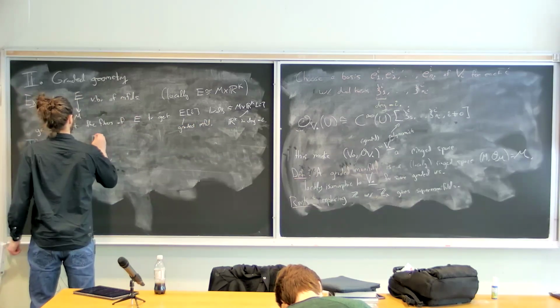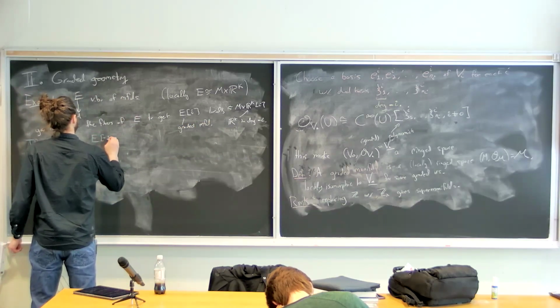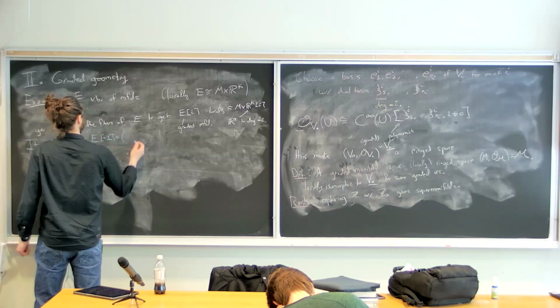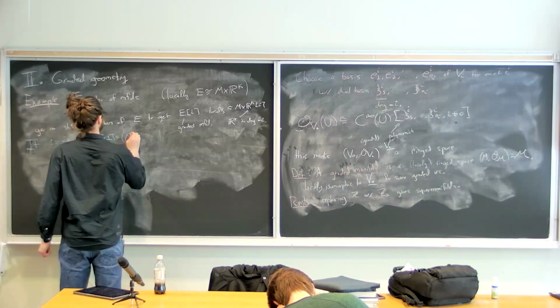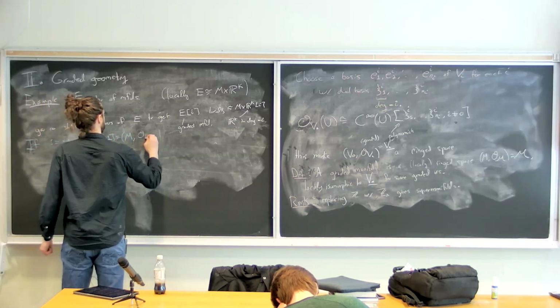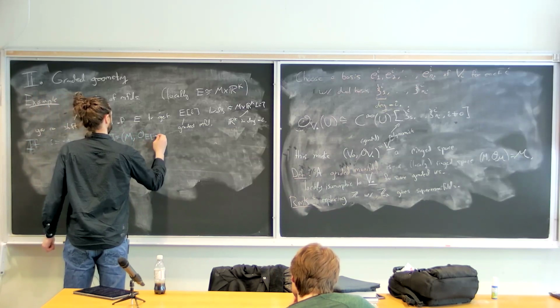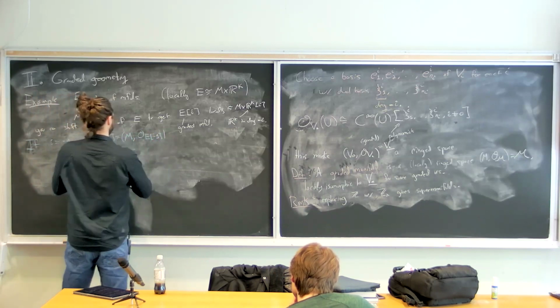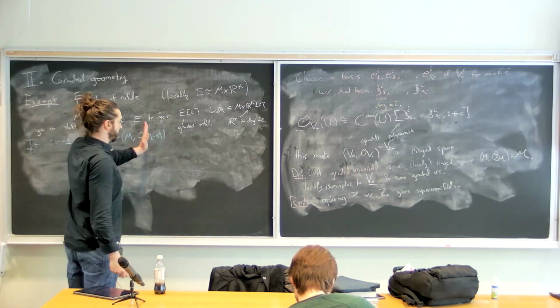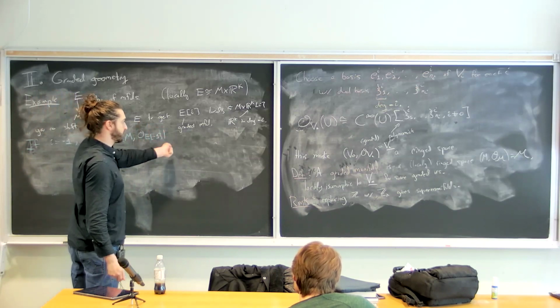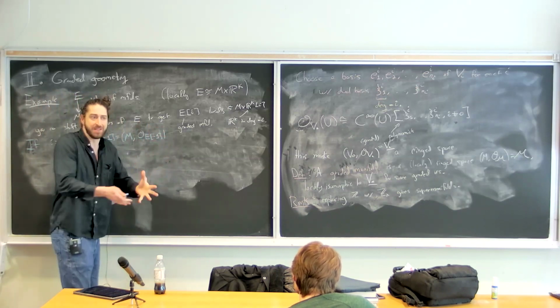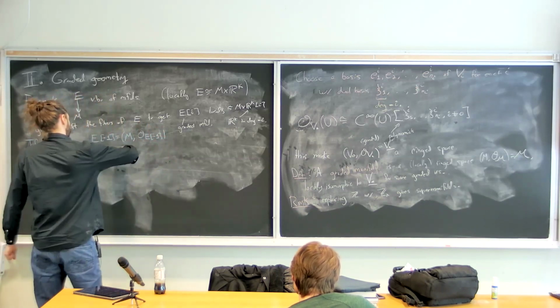Then E shifted by minus 1 is a graded manifold. The underlying space is just M, but it has a different structure sheaf. The reason is that if I have a vector space V with V_0 a point, then the underlying space is a point, right?